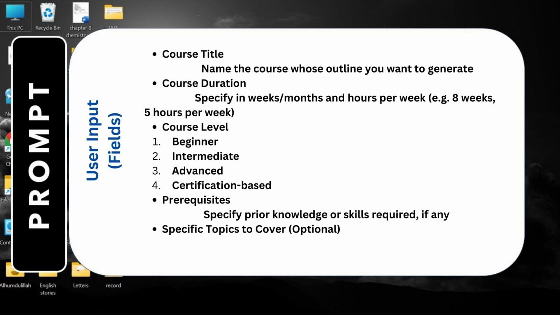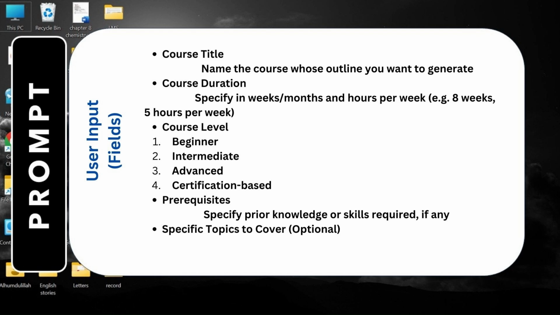Then we have the select option, which is course level. Here the user can select what type of course they want, like beginner level, intermediate level, advanced level, or certification based. Then we have prerequisites, like any skill that the user wants the candidates to already have.